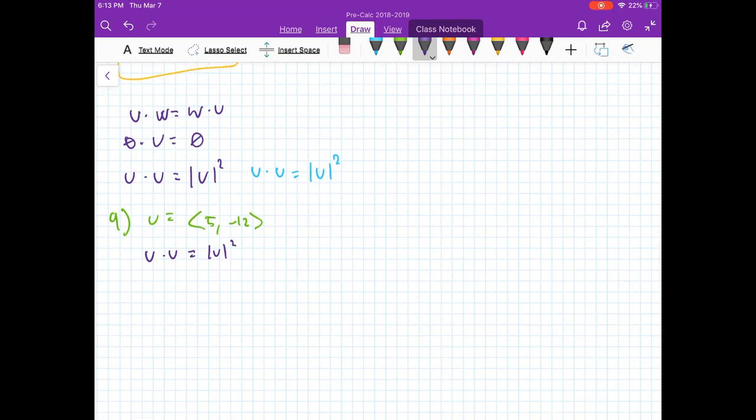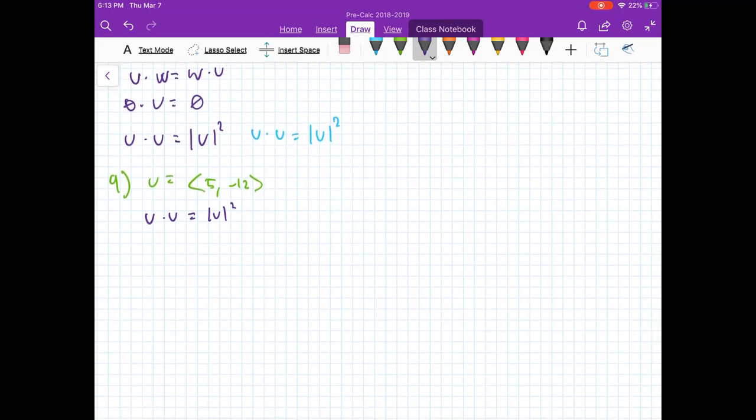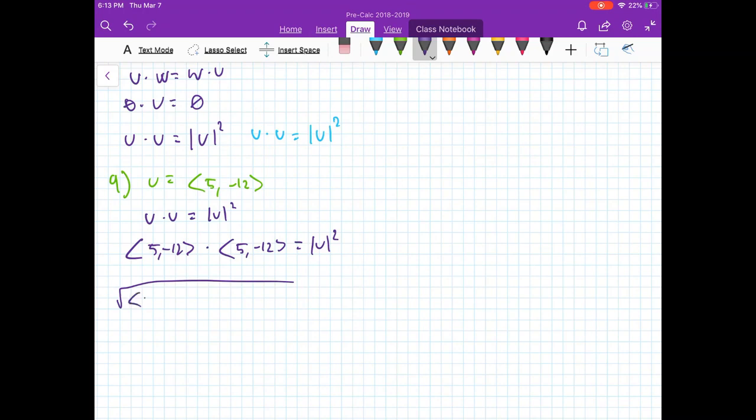So we plug in u, and we get 5, negative 12, the dot product of that with 5, negative 12, equals the magnitude of u squared. We can go ahead and square root both sides. We'll have the square root of 5, negative 12 dot product with 5, negative 12, and that equals the magnitude of u.